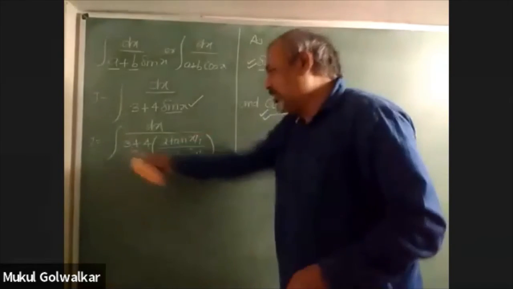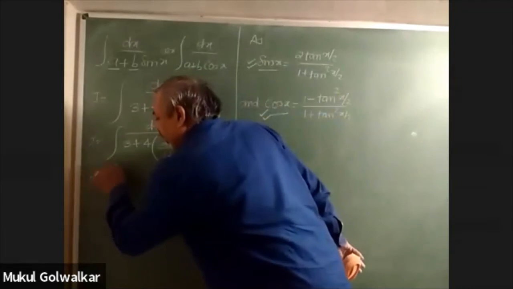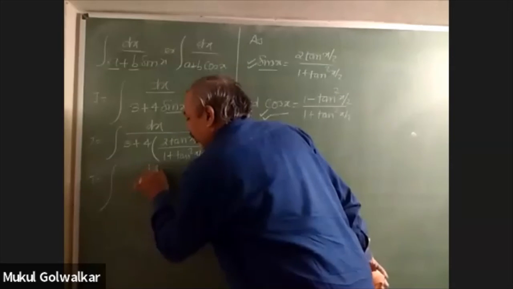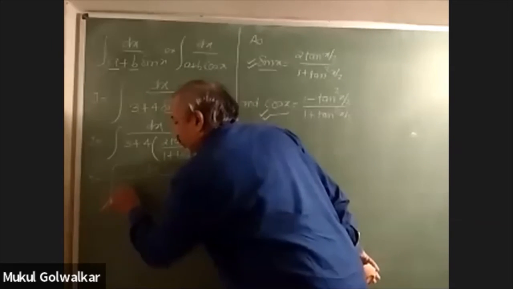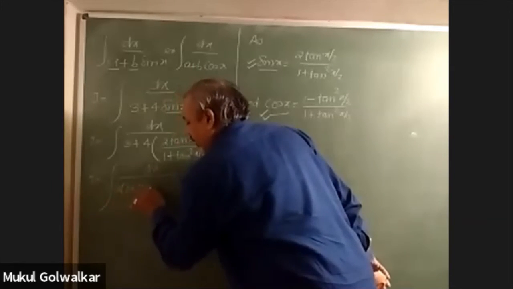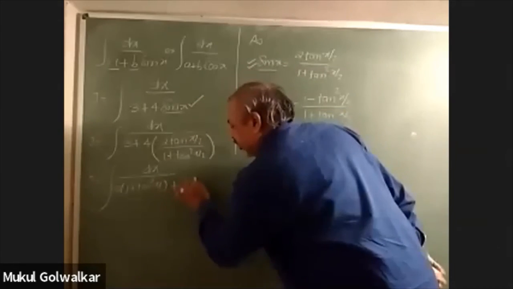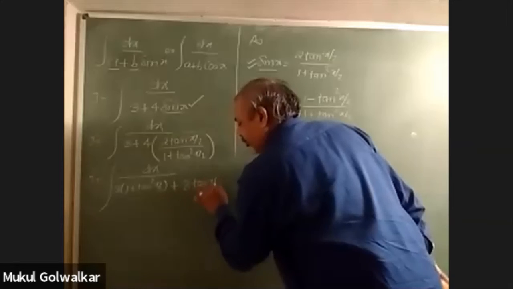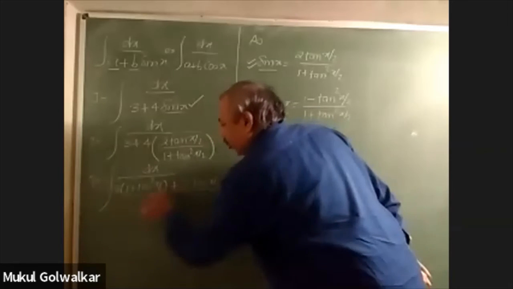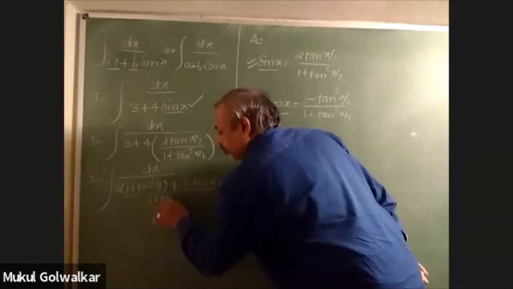And then we take LCM. And we write that in the form of dx upon 3 into 1 plus tan square x by 2 plus 8 tan x by 2 divided by 1 plus tan square x by 2.